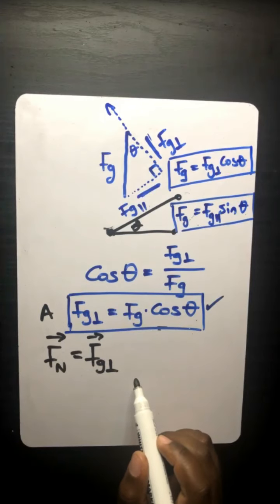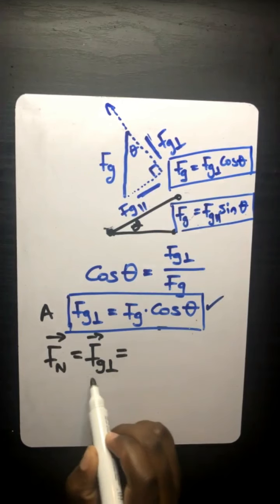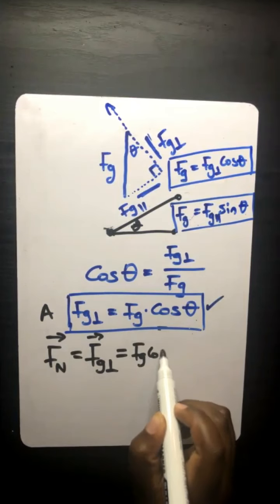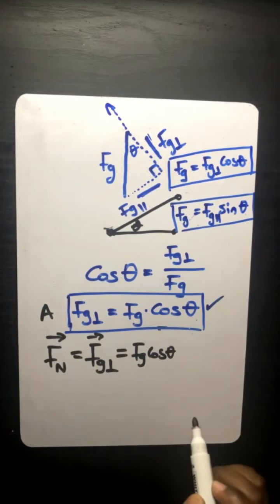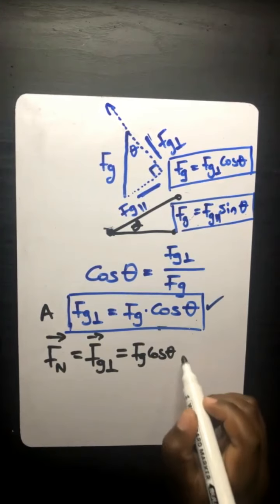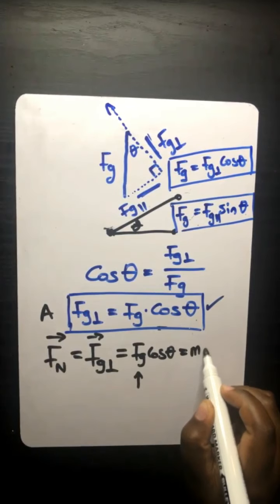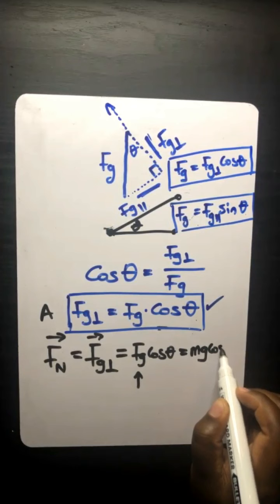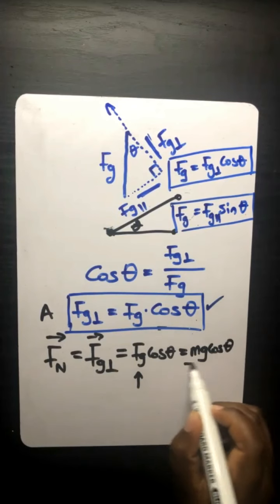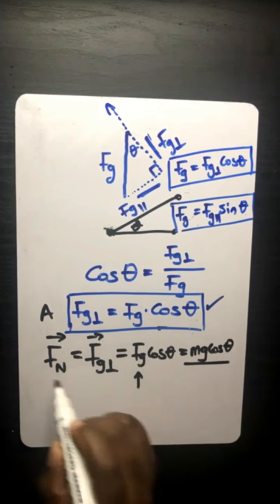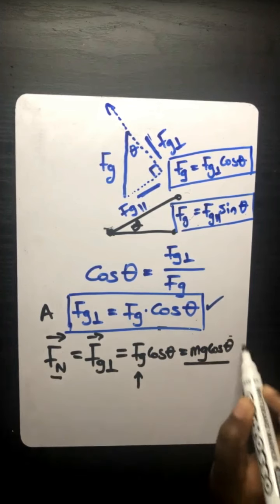Yes, sir. And again, do you agree that FG perpendicular is equal to force of gravity cos of angle? And again, do you agree that force of gravity is actually equal to mg? Then you still have cos of angle. So this is the final formula. So that means force normal is actually equal to that.